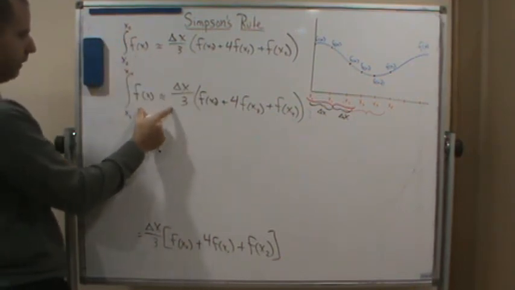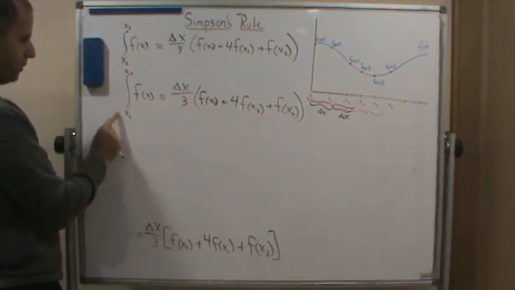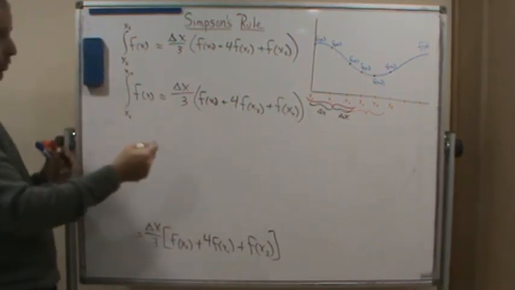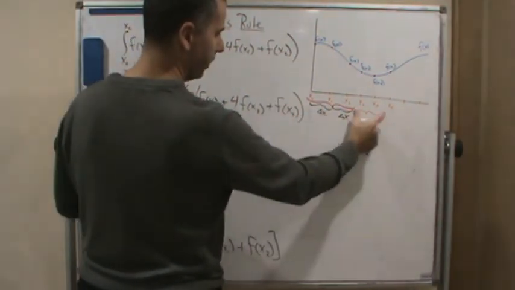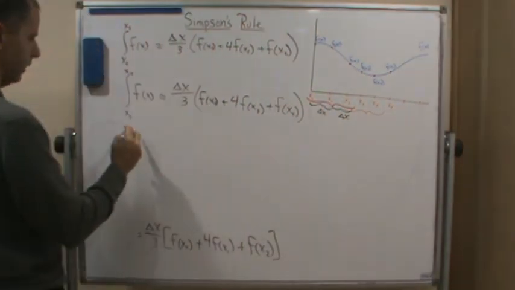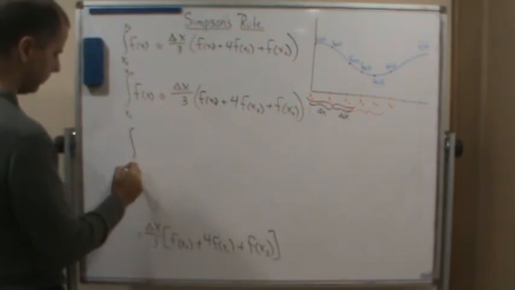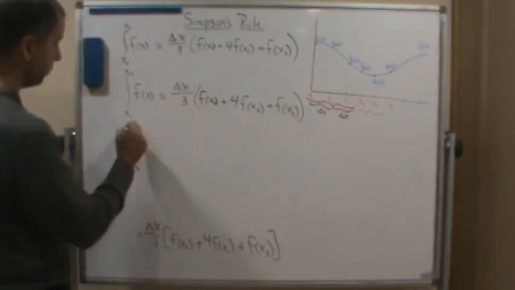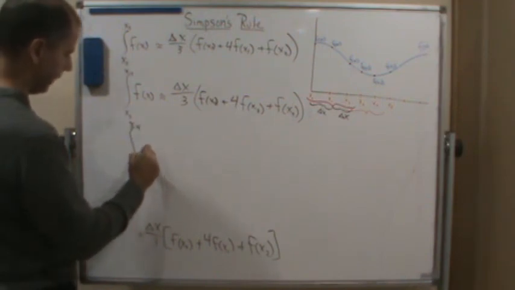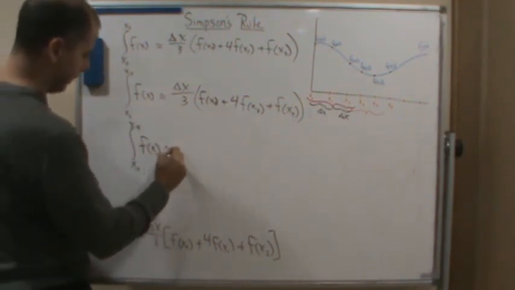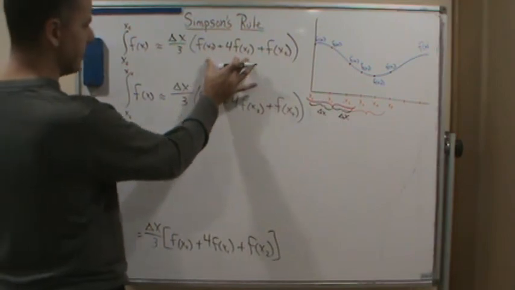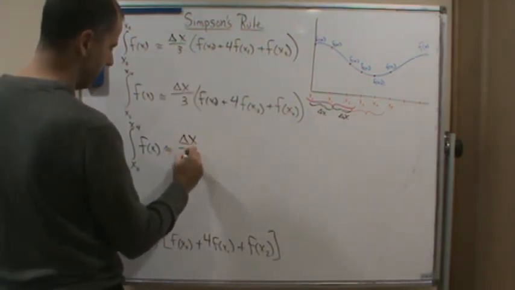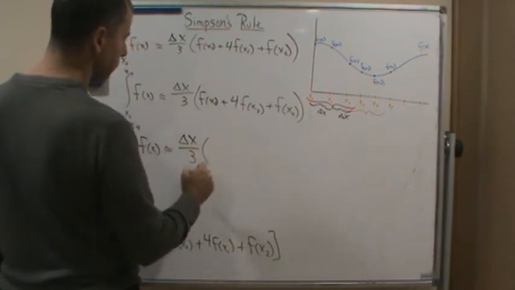So if we take the approximate area from the interval x0 to x2, and then take the approximate area under the curve by using x2 to x4, we're going to add those areas. So the integral from x0 to x4 of f of x would be approximated by taking this plus this. Well, if I factor out the delta x over 3, what do I get?